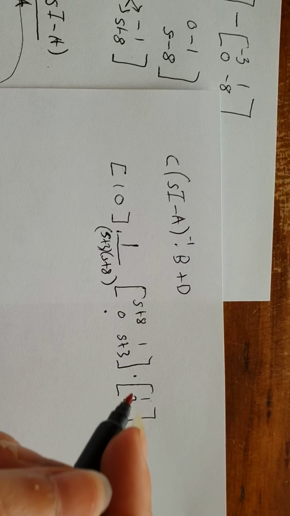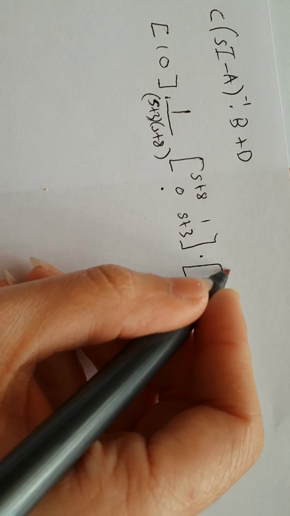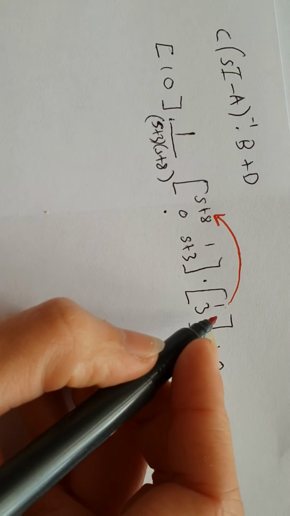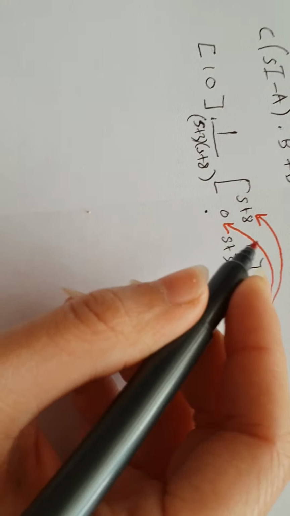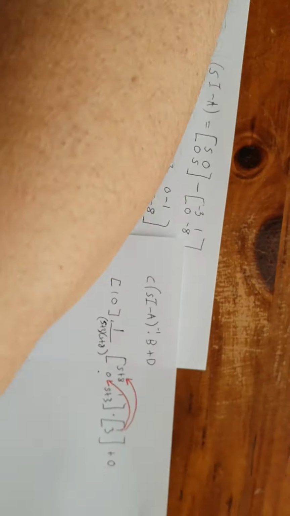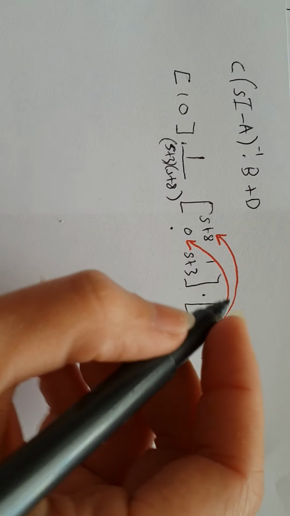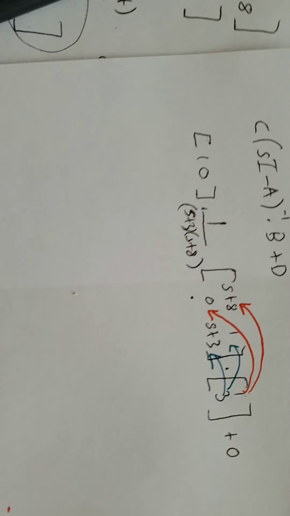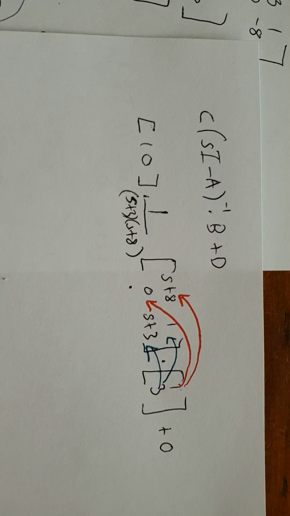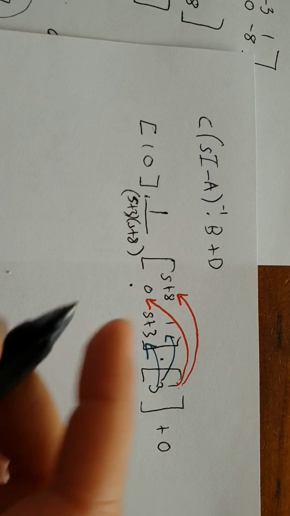So we have matrix multiplication, the 1 times the S plus 8 and times the 0. Then the 3 times the 1 and times the S plus 3. So let's go ahead and write it all out again with our multiplication.